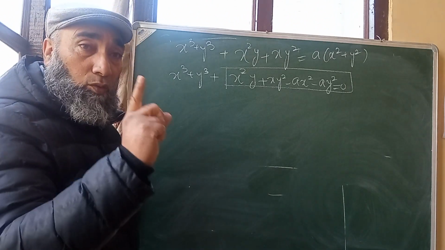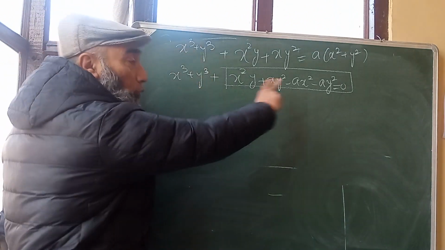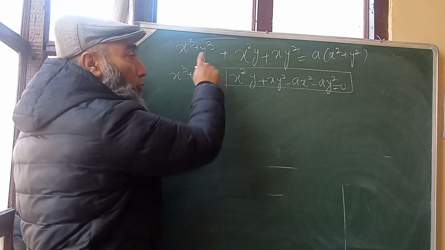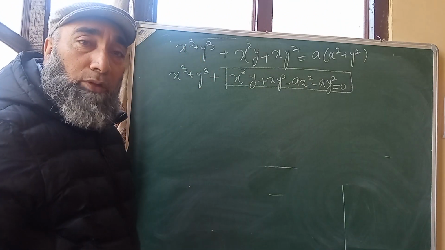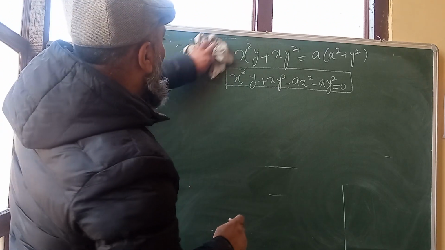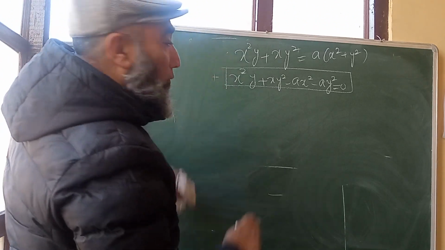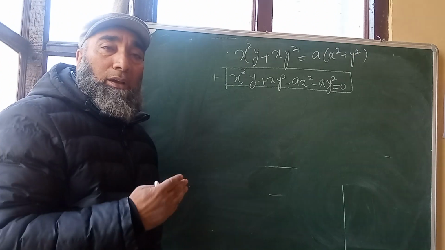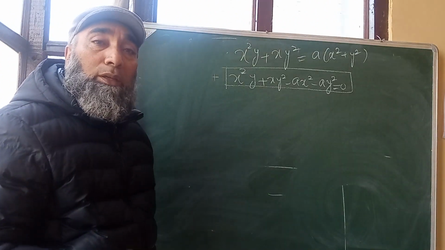Okay, this is the first rule. If x cube and y cube are present, there are no asymptotes parallel to either axis. But if x cube and y cube are absent, as in this question, we may have asymptotes parallel to either axis.